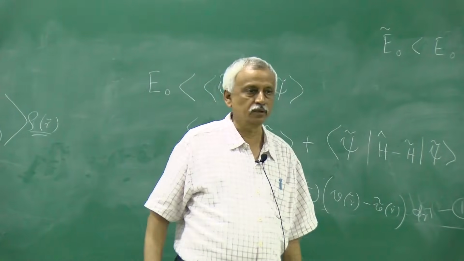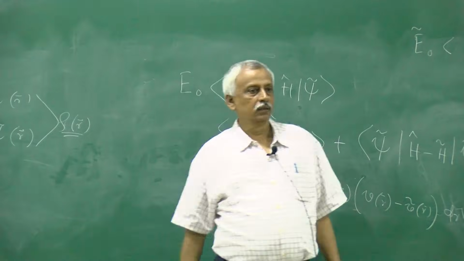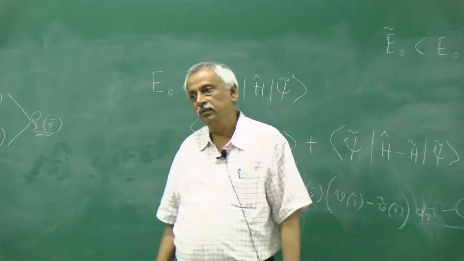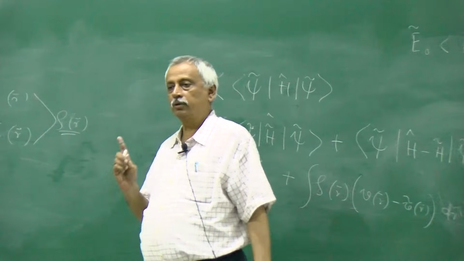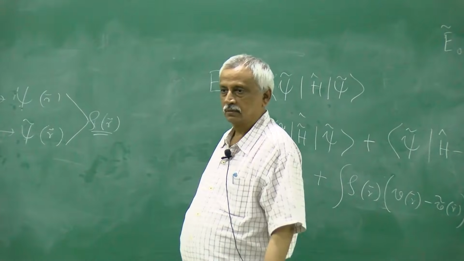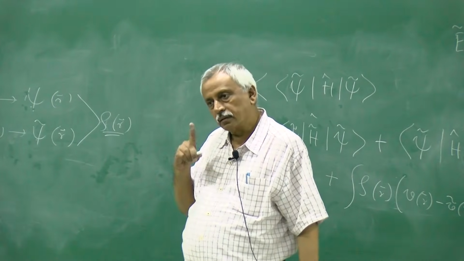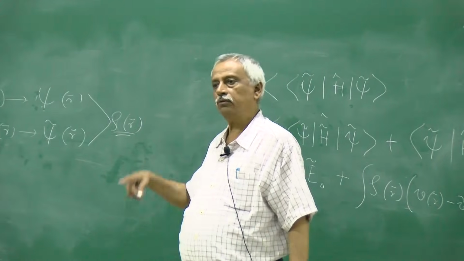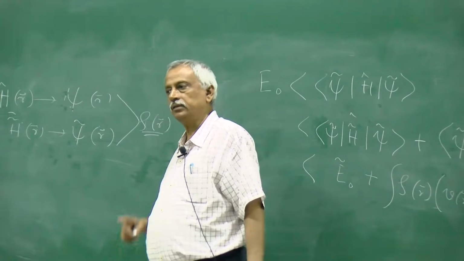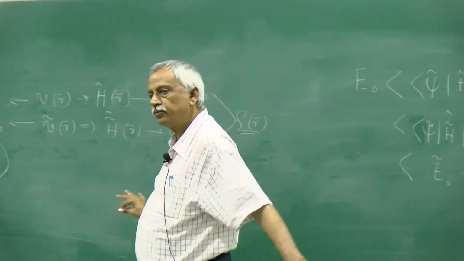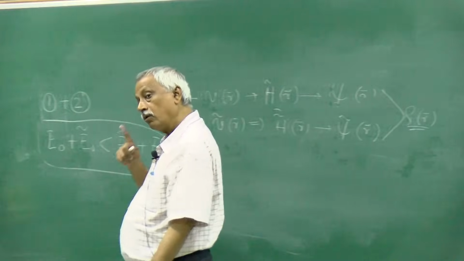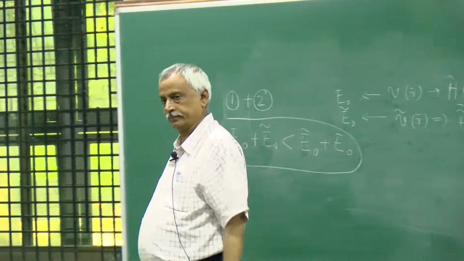It cannot give more than one. If that density gives only one external potential, then it will give one Hamiltonian, only one wave function, and that means only one set of properties. So the density contains all information about the system.